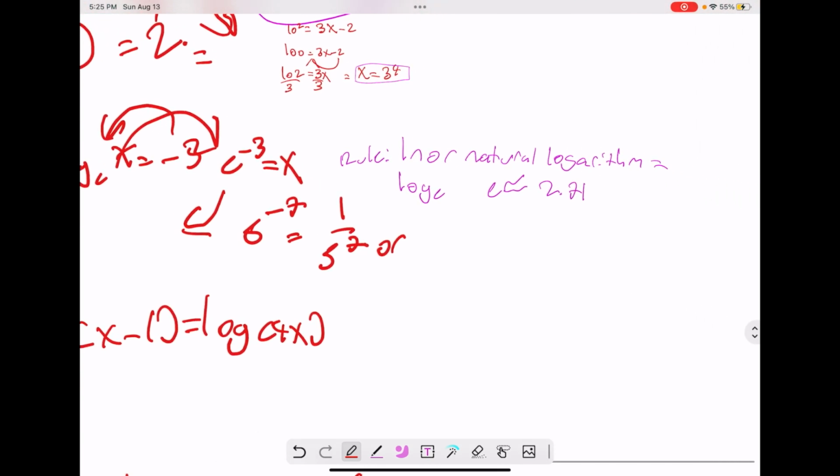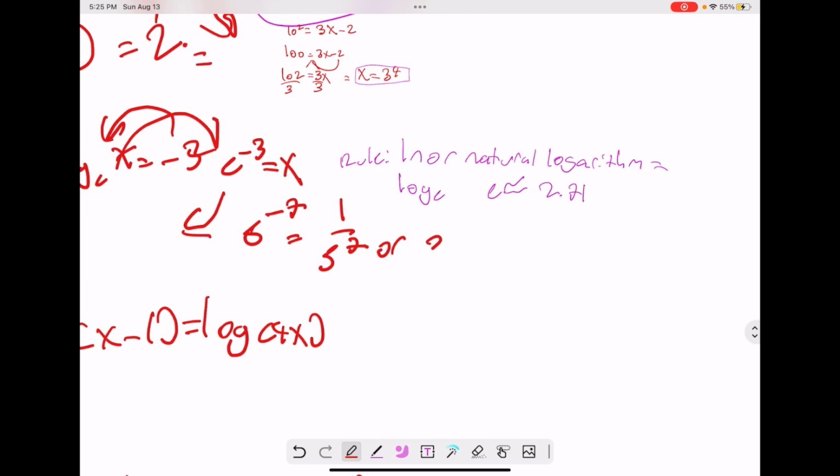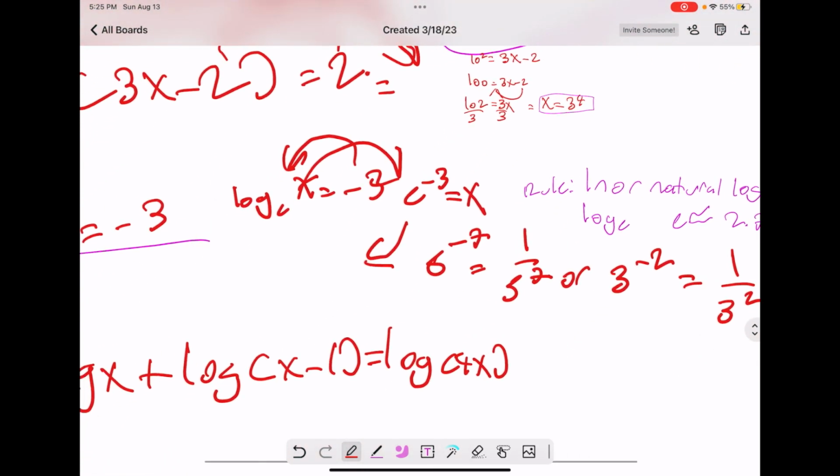We take the reciprocal. Or 3 to the -2 is going to be equal to 1 over 3 squared, or 1/9, because we simplify it. So that's basically negative exponents and their rule.